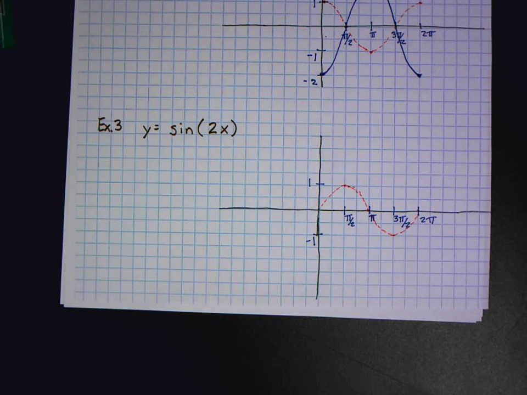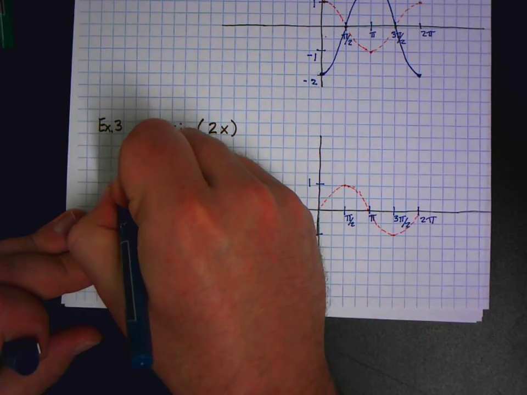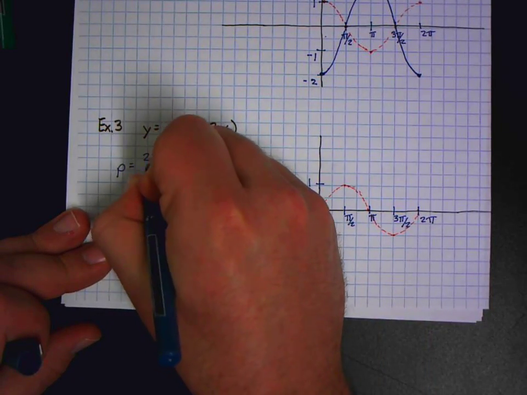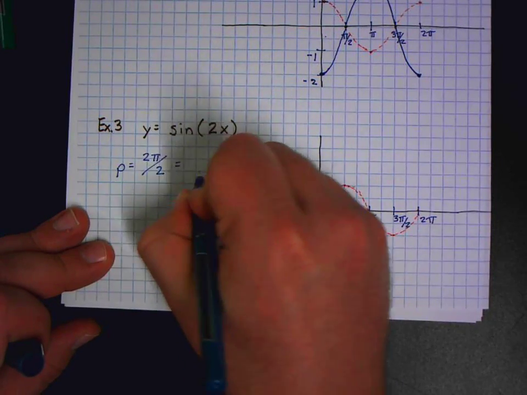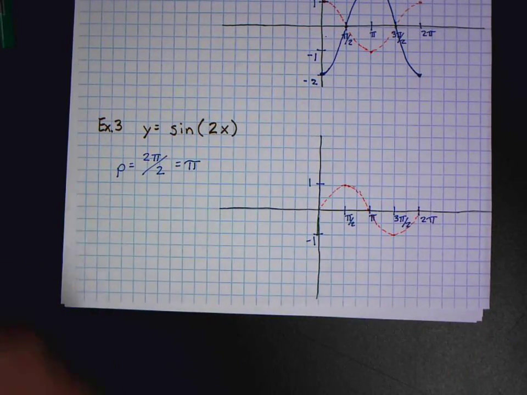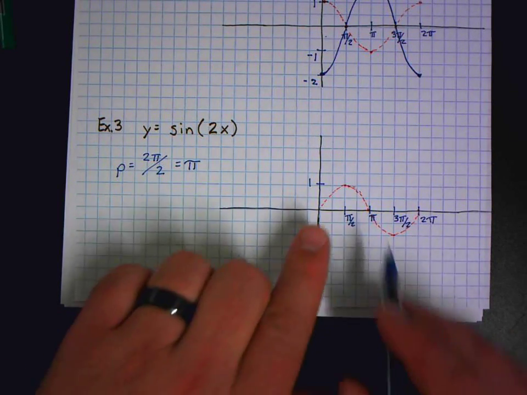All right, so now I'm going to mess with the period. So new period. Okay, so to find the new period, I take 2 pi divided by b, which is 2. So my new period is pi. That means that this entire graph that I just drew has to fit in between 0 and pi.